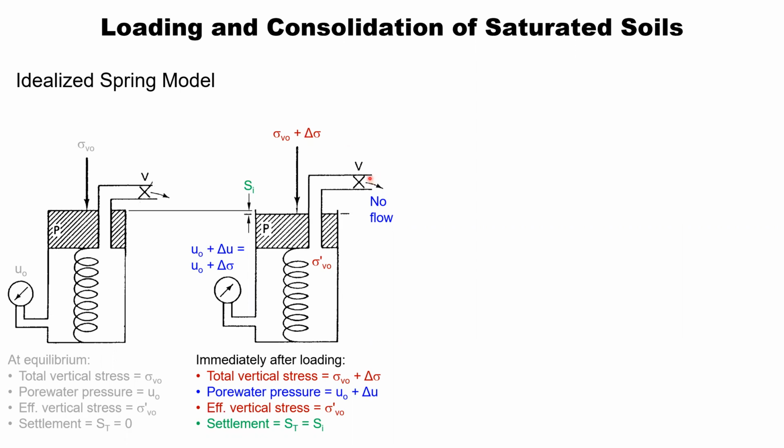Now, in the short term, and this is quite common with tailings, they have low enough permeability that they could be effectively idealized as having this valve nearly closed to begin with. And when this valve is nearly closed, there's not going to be any flow coming out of there.